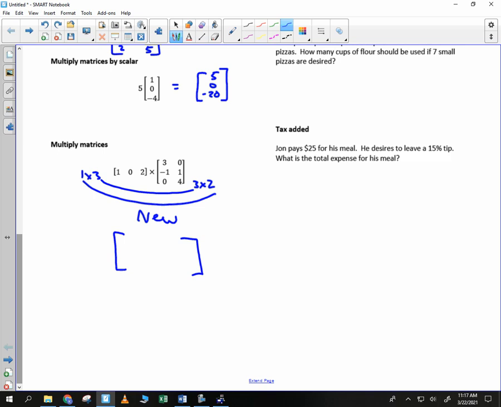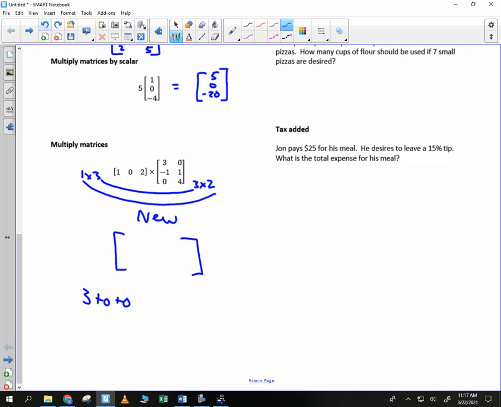The way that we multiply matrices is we take the row and we place it on the column, and we multiply. 1 times 3 is 3. 0 times negative 1 is 0. 2 times 0 is 0.